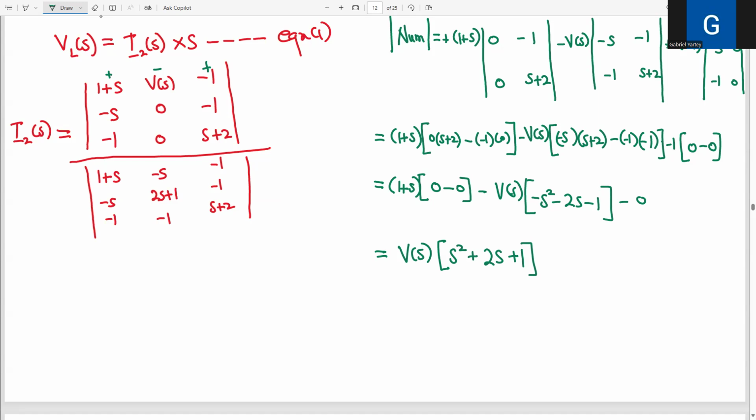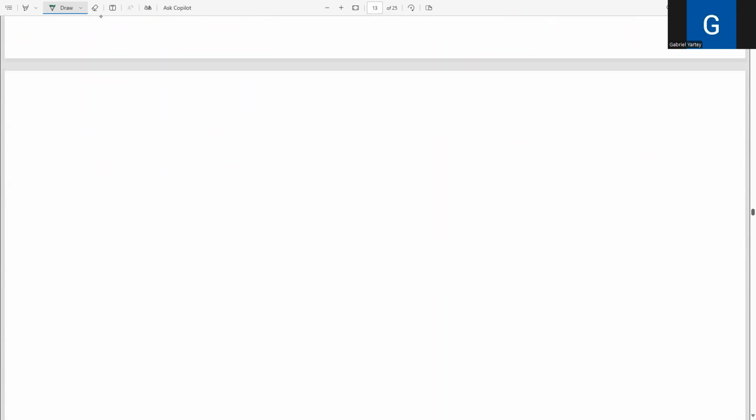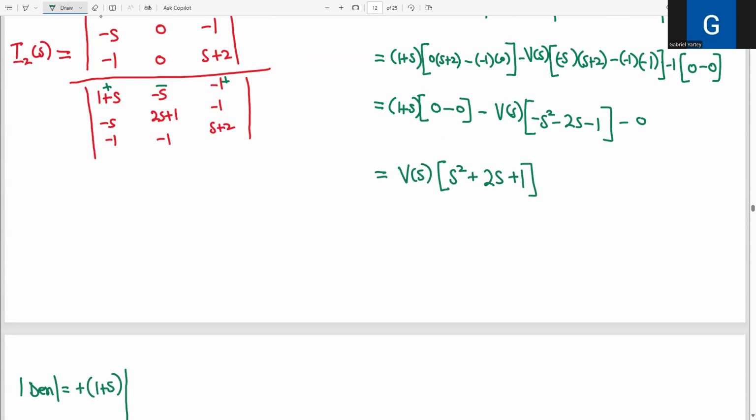Now let's go to the determinant of the denominator. We are going to go with the same thing. You have plus, minus, and plus here. So the determinant of the denominator is going to be plus 1 plus S multiplied by the determinant of, we are getting rid of this side, and this is what's left.